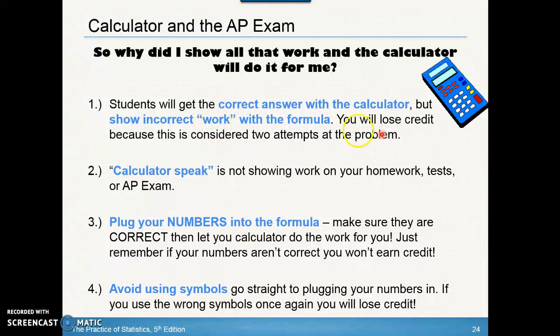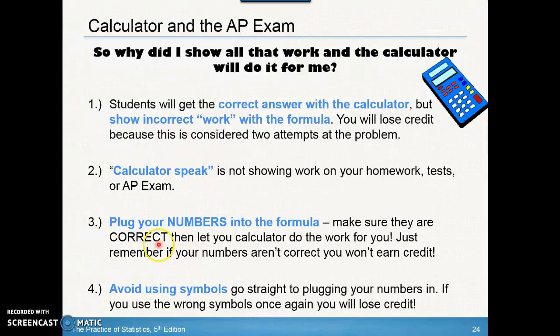You will lose credit because it's considered two attempts at the problem. If you have the correct answer but incorrect work, that's saying, oh, I'm not really sure which one is right, the answer I got from the calculator or the one I wrote down. Calculator speak is not showing work on your homework, tests, or AP exams. Every calculator does things differently, so you can't use calculator speak because not everybody speaks your calculator's language. You're going to plug your numbers into the formula.